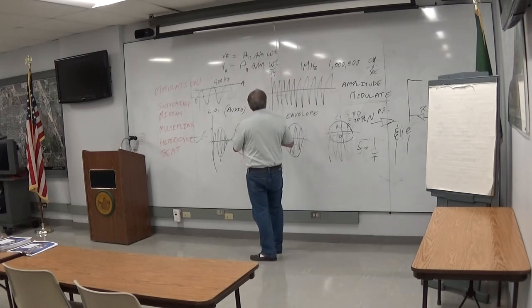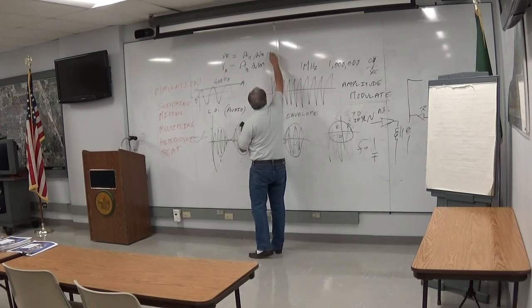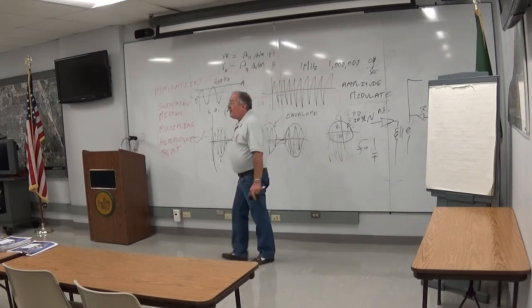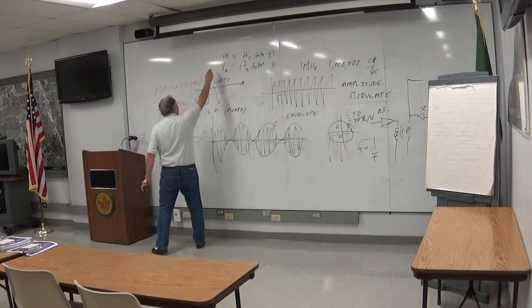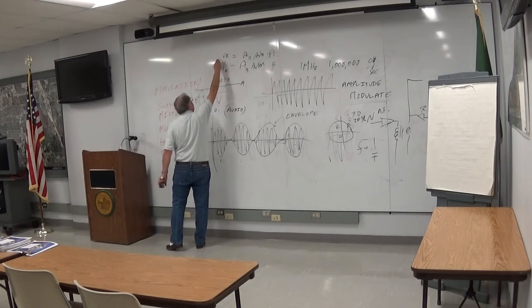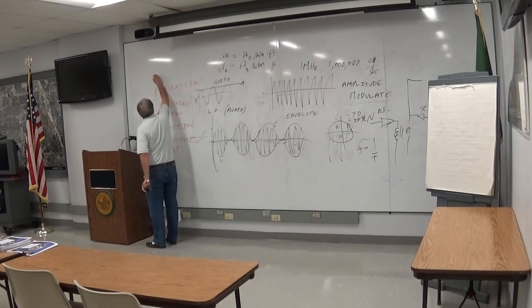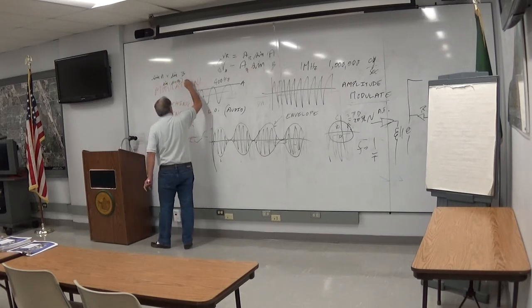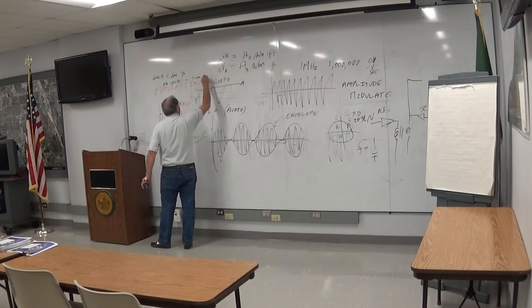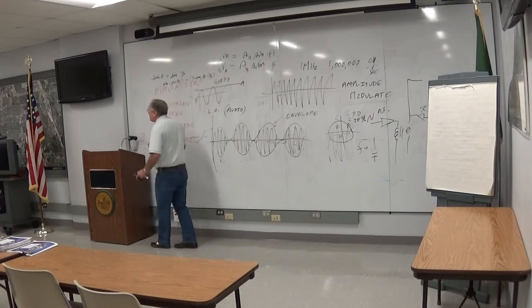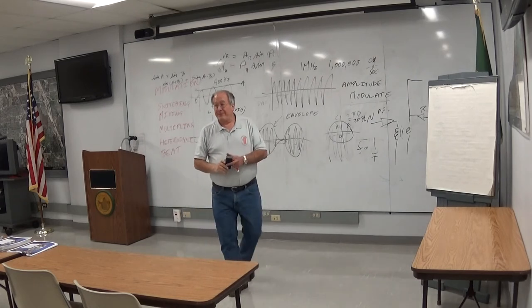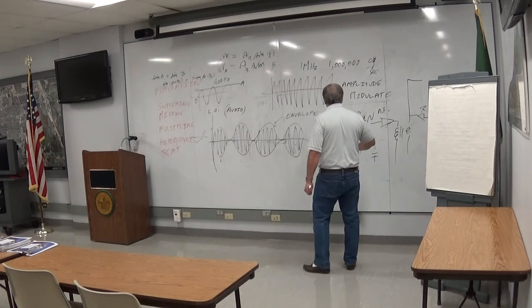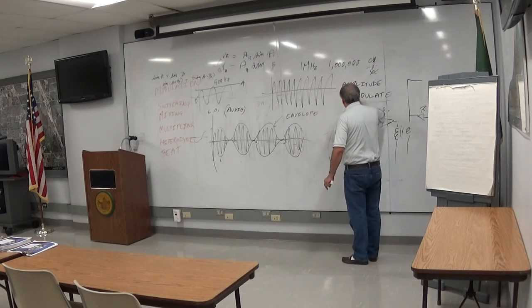Instead of just saying sine omega t, I'm just going to say sine of A and sine of B. And what's going to happen when I multiply these together, sine of A times sine of B, is going to be equal to the sine of A plus B plus the sine of A minus B. Sum and difference. Is that important to us? It'll help your thinking a lot when I show you what happens when you do this thing called amplitude modulation.